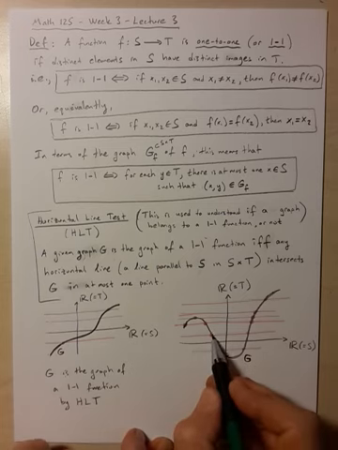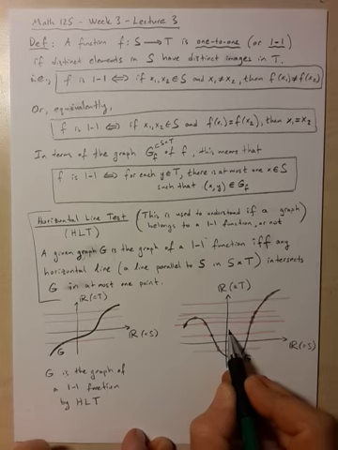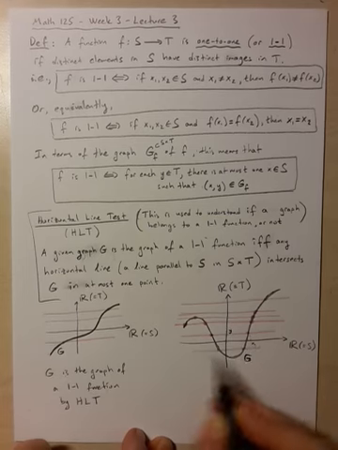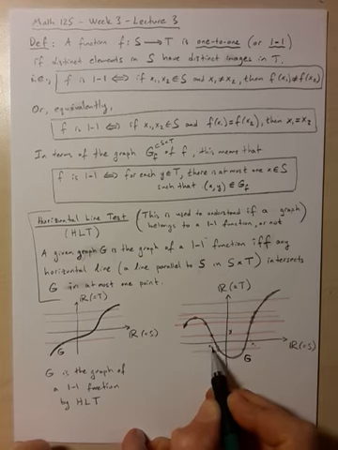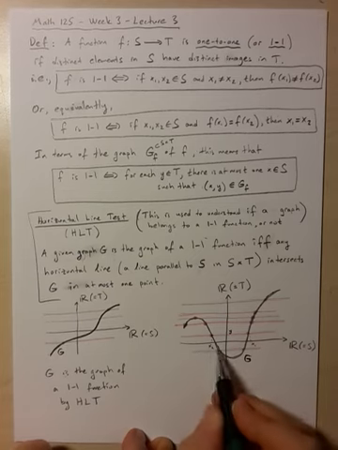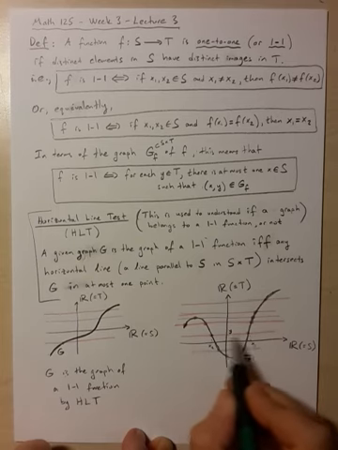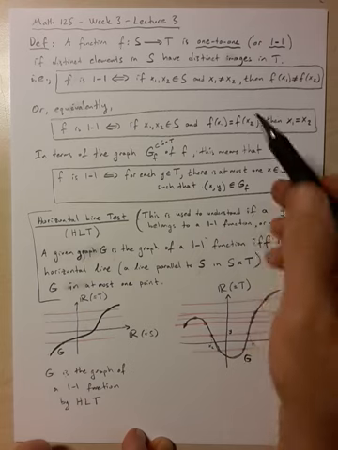For instance, let us consider these two. For this y here, there are two x values, x1 and x2, and these are distinct elements of S. For these distinct elements, their images are the same. So it violates this condition.